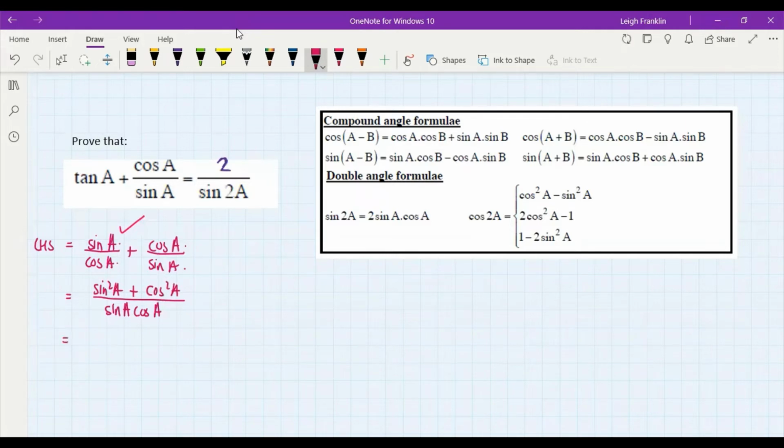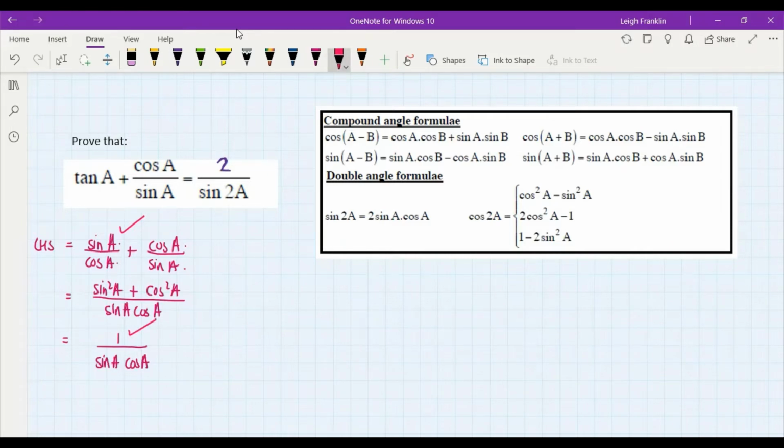Now, we know that sine squared A plus cos squared A is 1. And that gives us 1 over sine A cos A. They could give you another mark here for writing sine squared A plus cos squared A as 1.